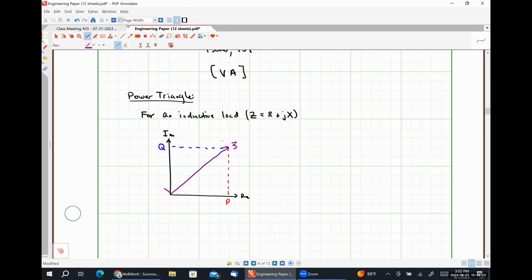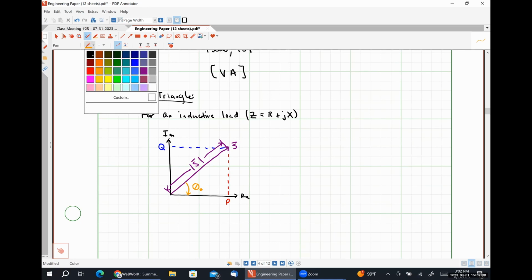The length of this vector S is our apparent power, and the angle formed between our complex power and the positive real axis is theta S, our power factor angle.